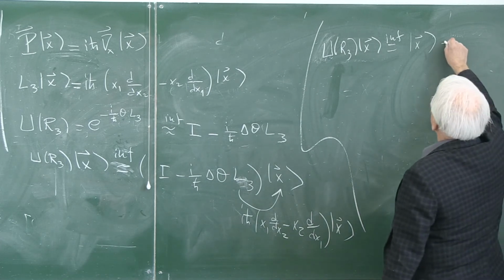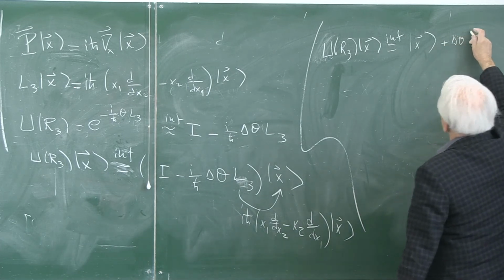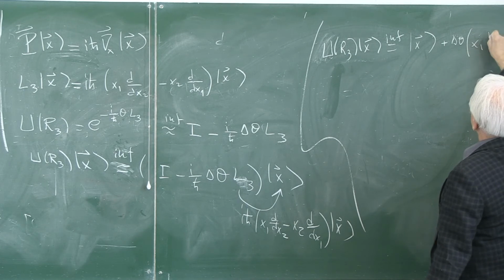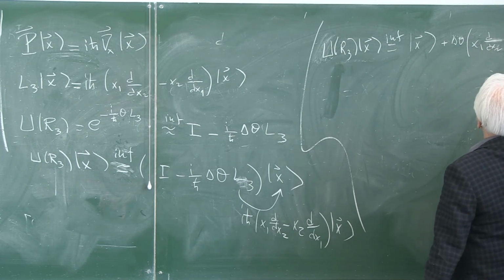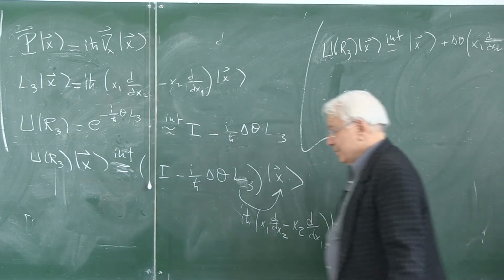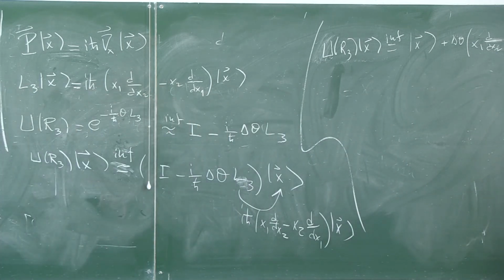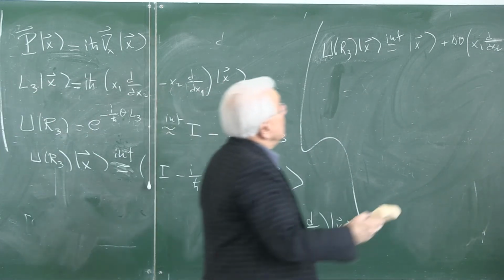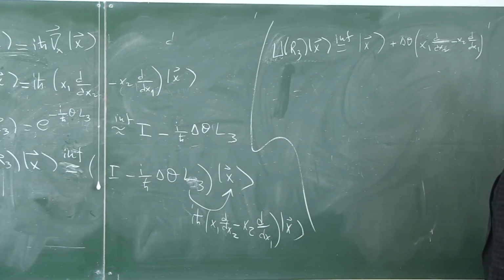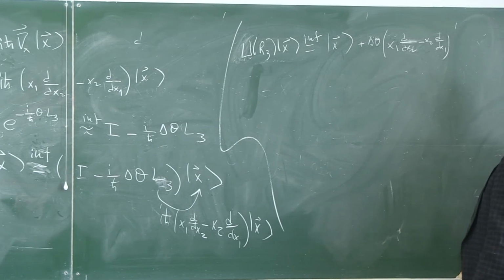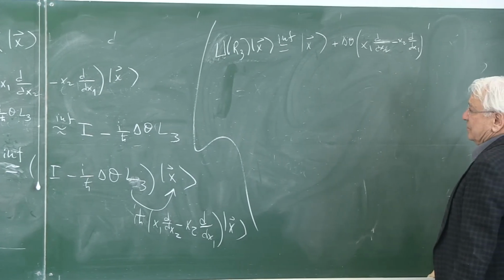So I have delta theta, x1 d by dx2 minus x2 d by dx1, times x.